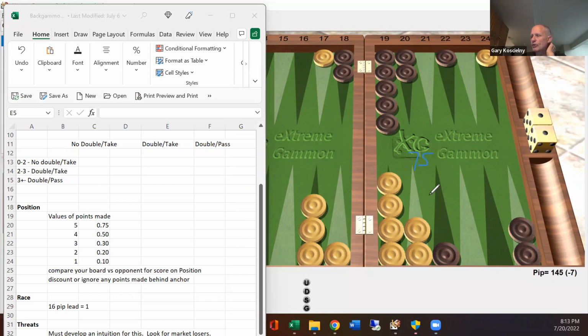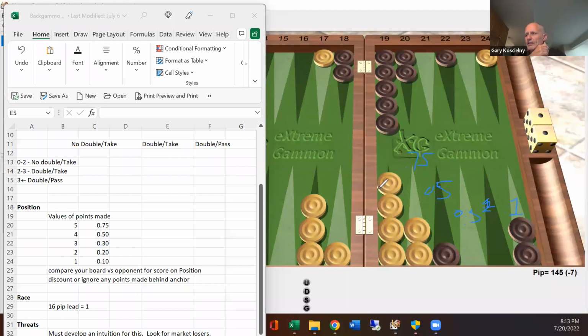The 4 point is worth 0.5. The 3 point is 0.3, 0.2 for the 2 point, and 0.1 for the next. Then we're going to add those up.